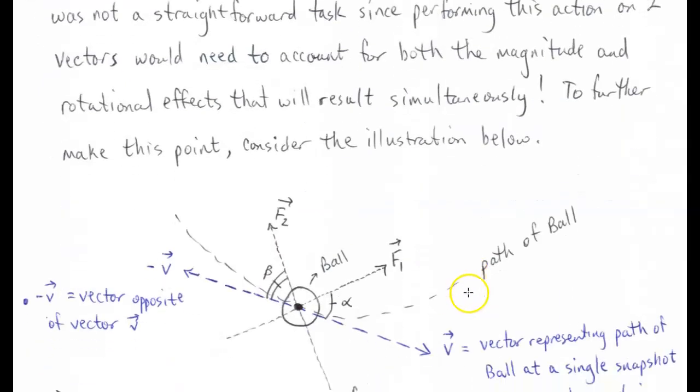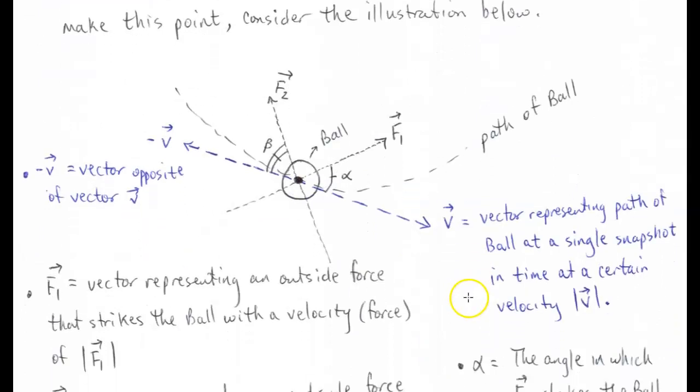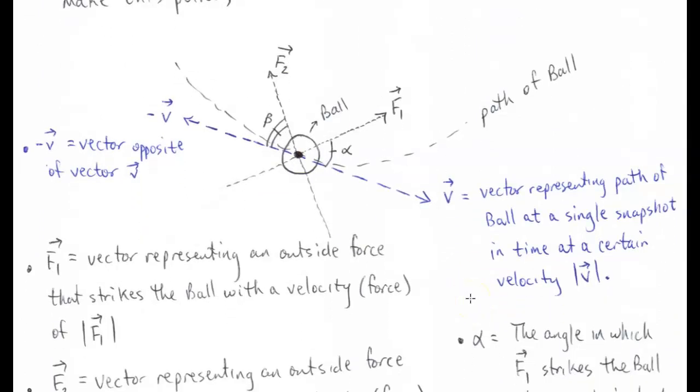Now, I'm not the best artist, but hopefully what I've drawn here will get the point across. So the basic idea is this. We have a situation where we have a ball that is traveling with some kind of velocity. Let's say it's rolling down a hill or rolling uphill or whatever.